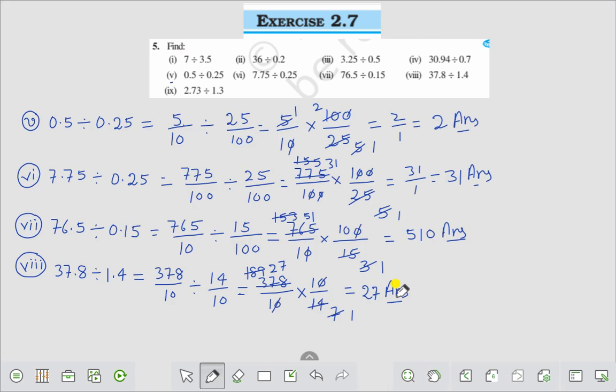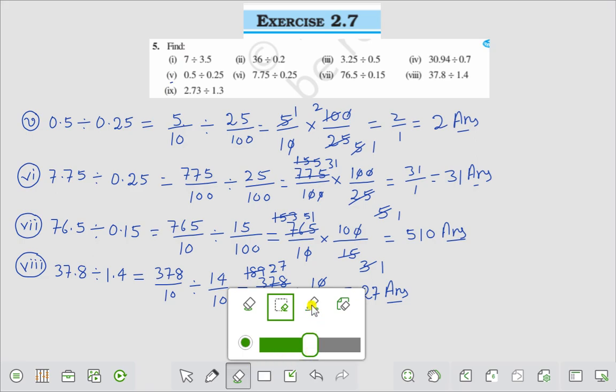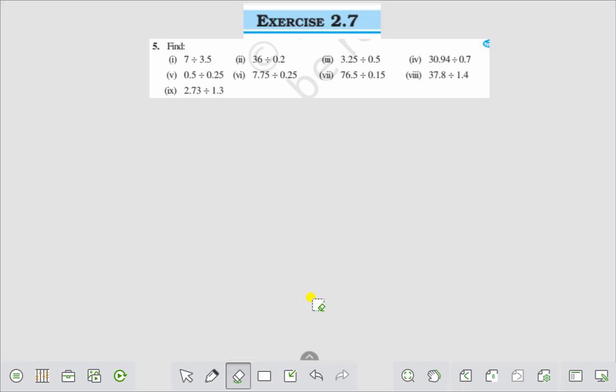Now we'll solve question number 9. Here question number 9 is 2.73 divided by 1.3.